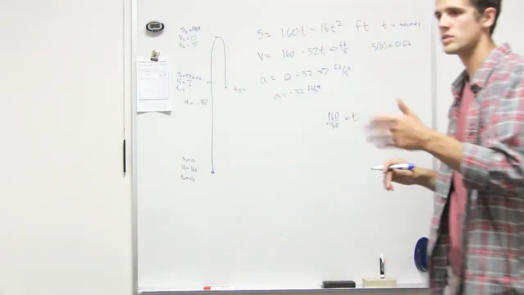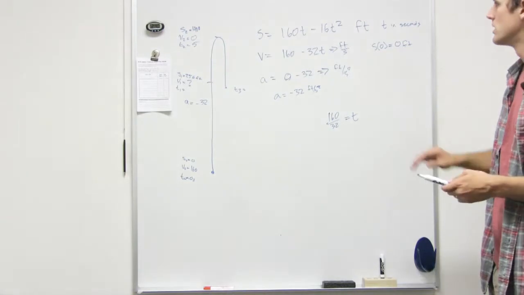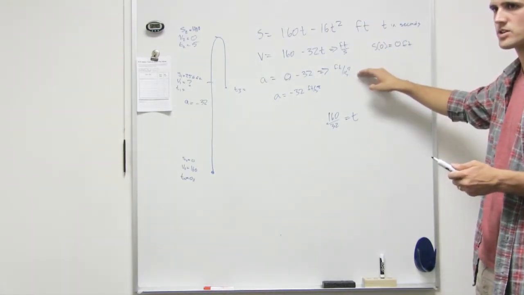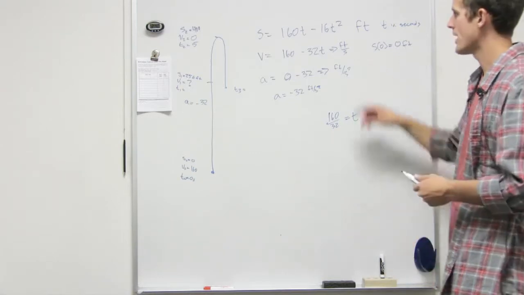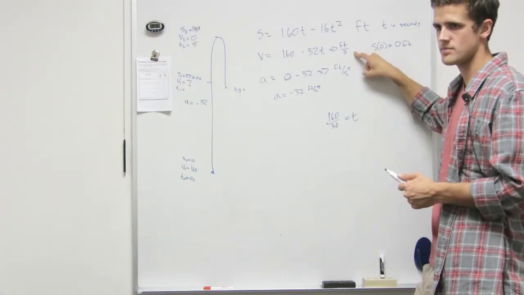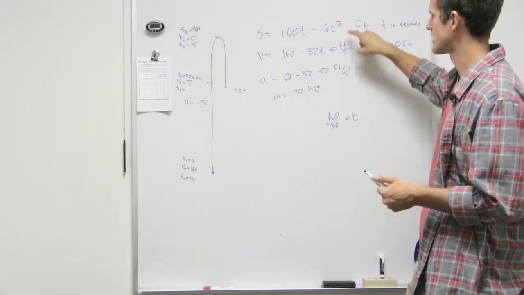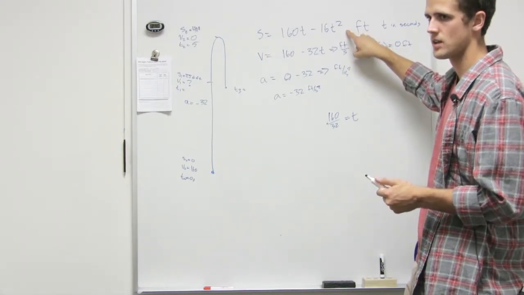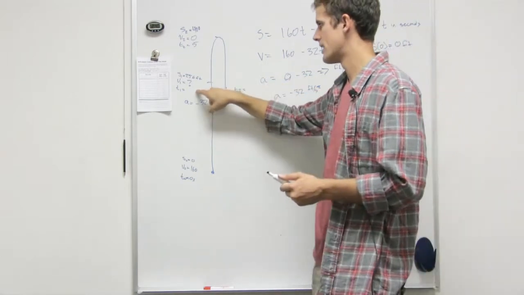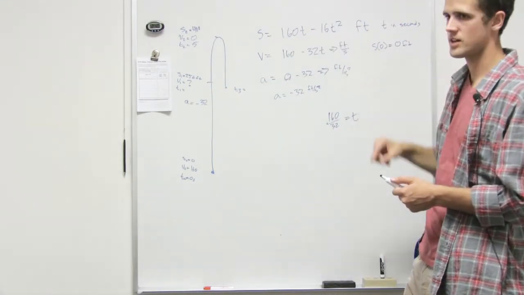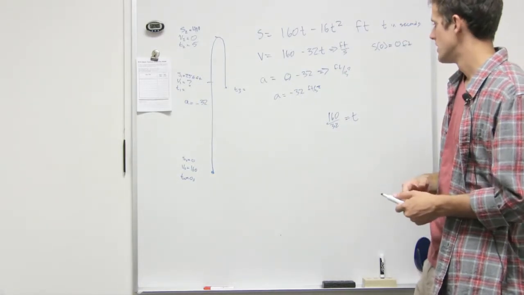So when you do it the calculus way, you take your derivatives to find your velocity and acceleration equation. To find your maximum height, you use velocity to find the time, because you know the velocity is 0. You use velocity to find time, you plug it back into position. When they give you a position and ask what the velocity is there, you use position to find time and then plug it into your velocity.